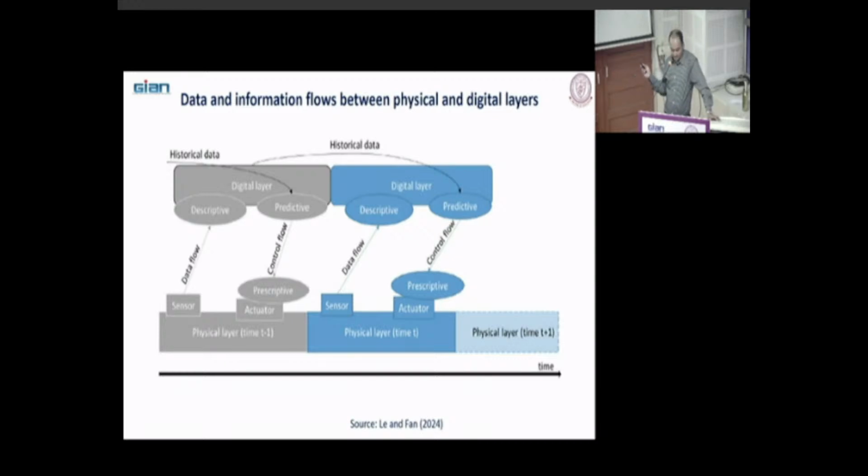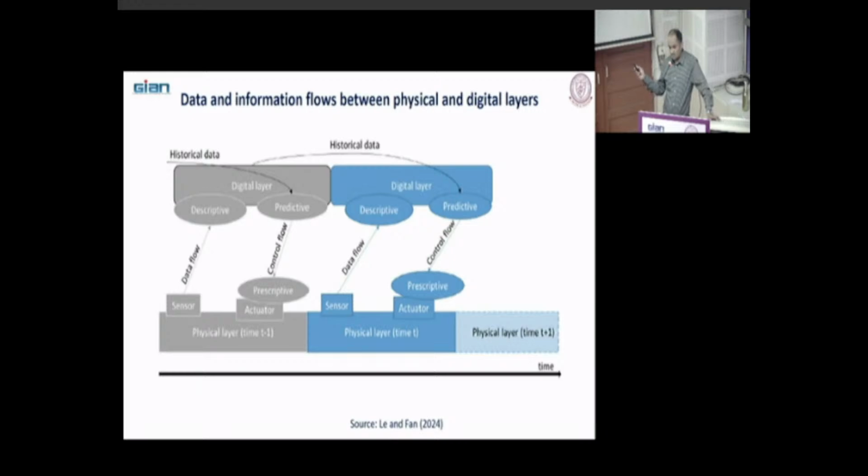Similarly, if you look at the current week, the last historical data comes here from the previous one, and then again whatever data the sensors get this week goes to the descriptive one. These descriptive analytics don't only consider the data from this sensor.